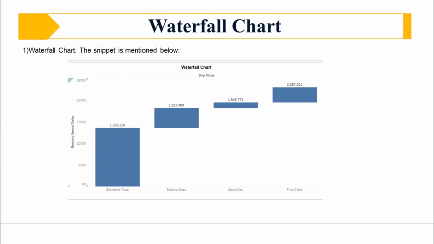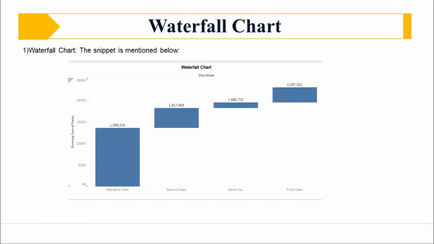So when you have data with negative and positive numbers, like profit and losses, it's better to show it in a waterfall chart, because you will easily be able to see if the number is going down, going from high to low.